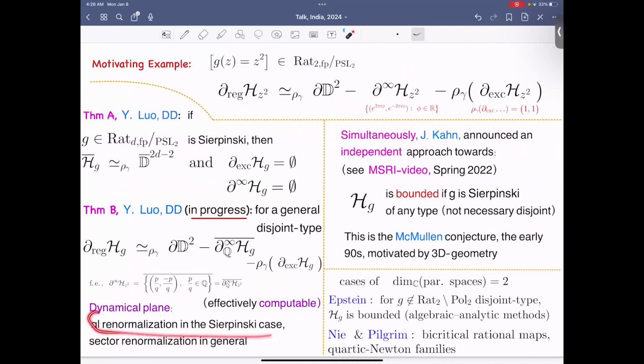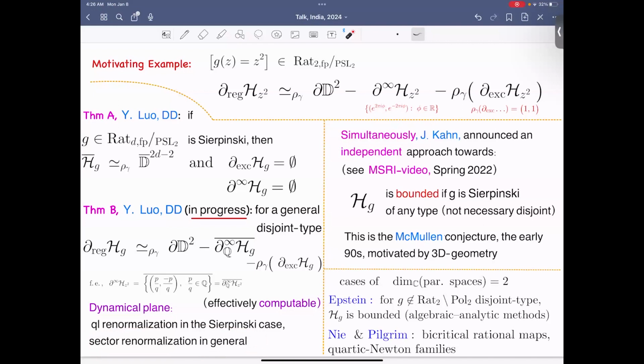And in the dynamical plane, if our map is Sierpinski, then there are regular quadratic-like domains, and we can use a quadratic-like renormalization to identify the corresponding hedgehogs with the hedgehogs of a quadratic polynomial. But in general, we can use sector renormalization to make the relation with what's happening to quadratic polynomials.